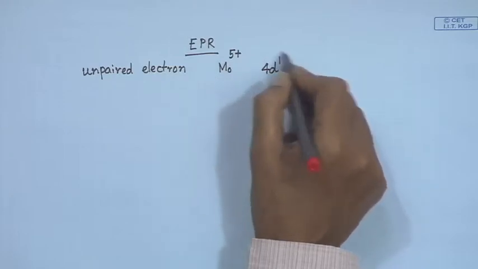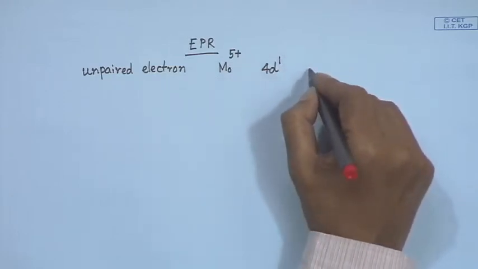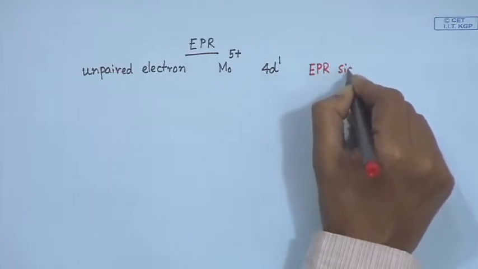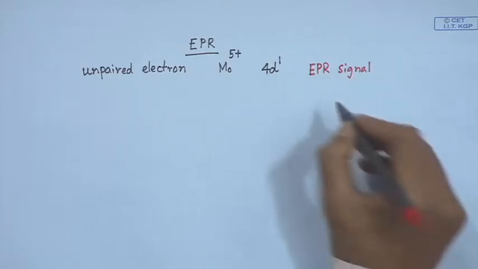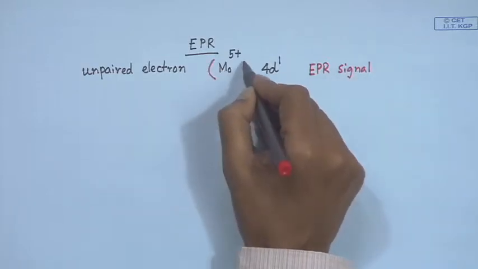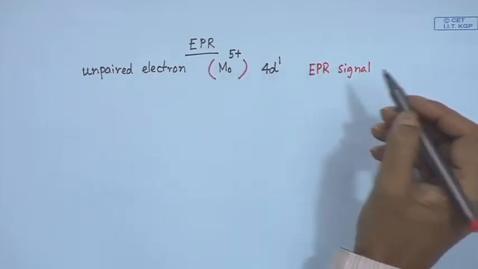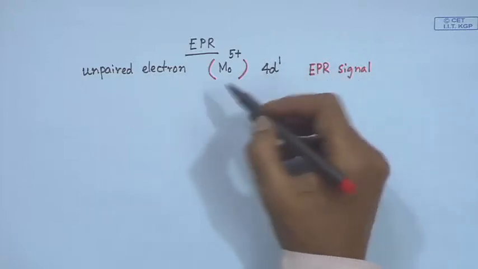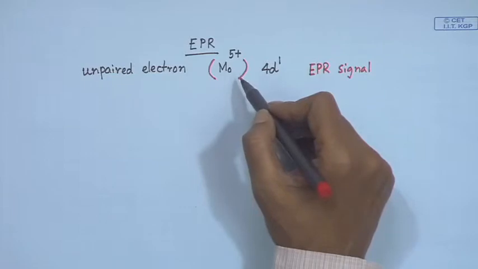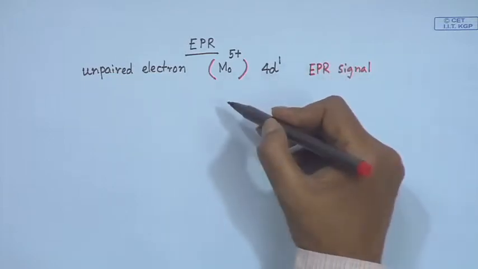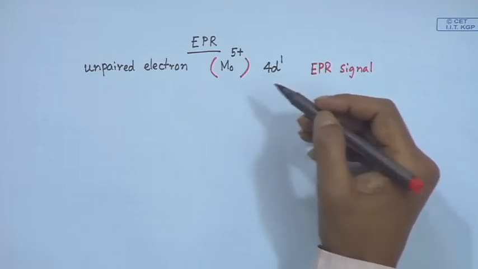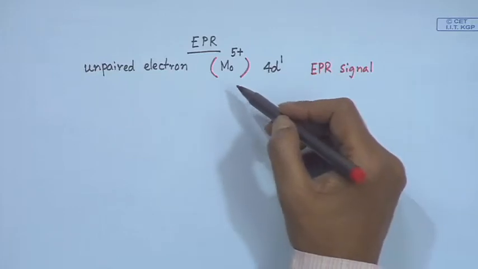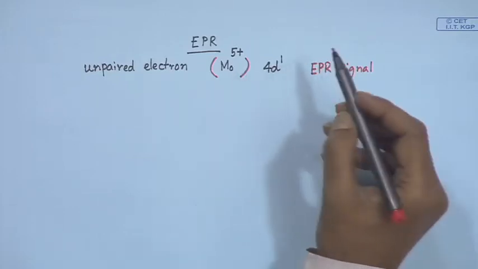Not only this, if we can detect a corresponding EPR signal, we can also get some idea about the environment. Once we detect that it is EPR active, the other two forms, the molybdenum in the hexavalent form and the molybdenum in the tetravalent form, either can be EPR inactive or can show a different type of EPR signal or spectrum, which is completely different from that of molybdenum in +5 oxidation state.